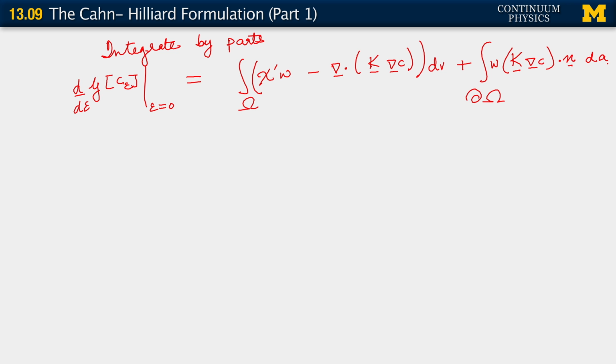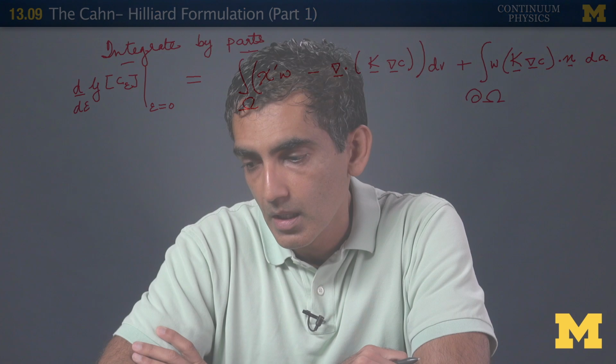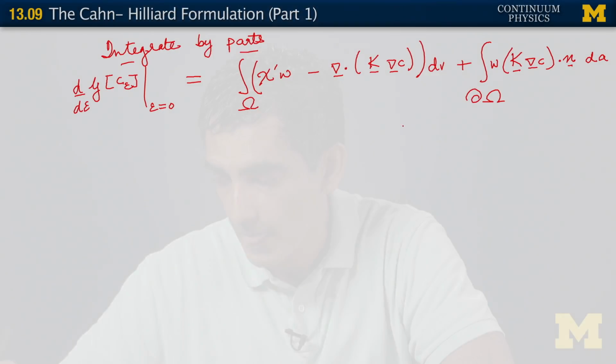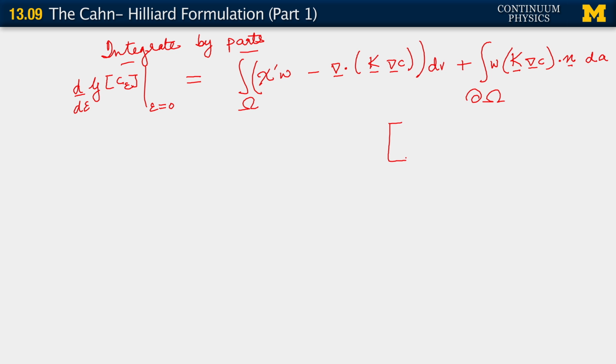This comes about by that application of integration by parts that we've carried out here, as I said before, in the context of variational derivatives on our nonlinear elasticity formulation. It comes about by a combination of the product rule and the Gauss divergence theorem. We've done that a couple of times, so I'm not going to repeat it.